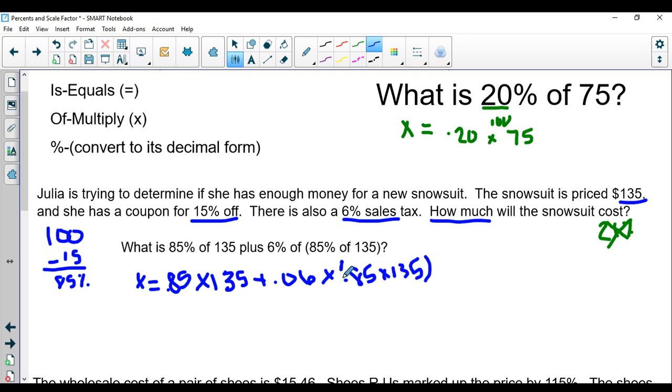And I'm going to put some of this in parentheses just to help me section it off a little bit. And now I'm going to solve.